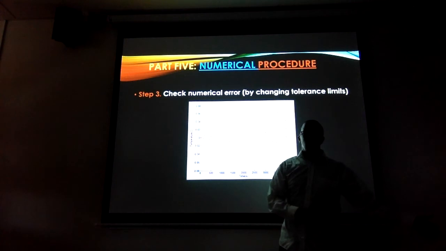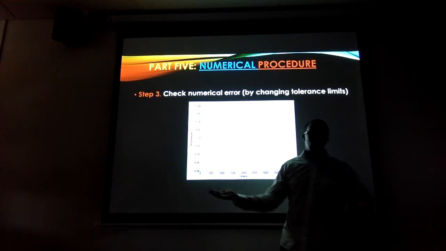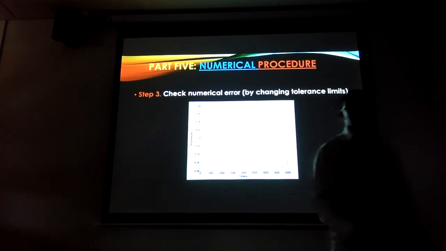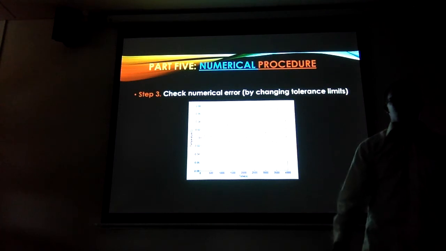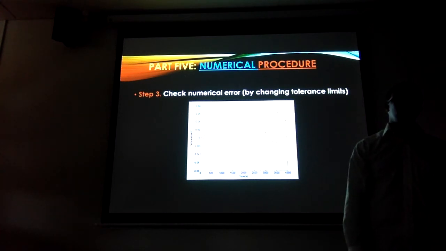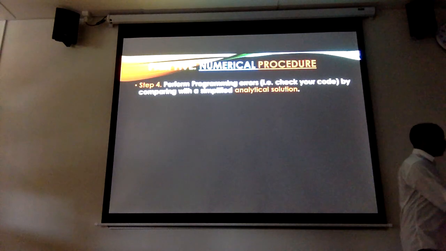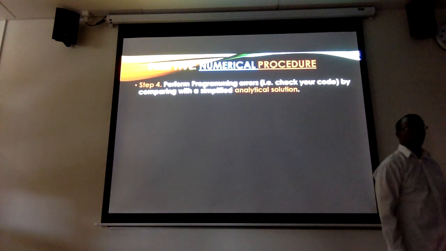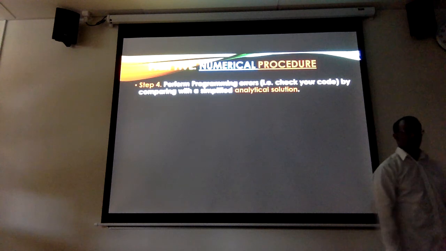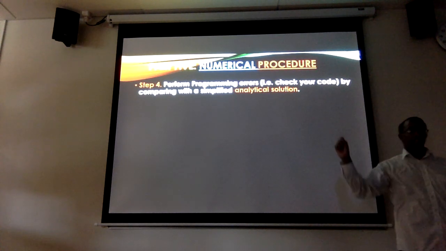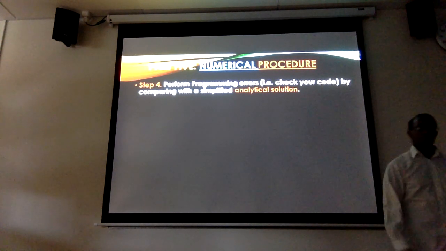Is that significant? No. So what we conclude is that the numerical solution is perfectly acceptable. Yes, it's an estimation, but it's off by about 0.08, which is perfectly acceptable.